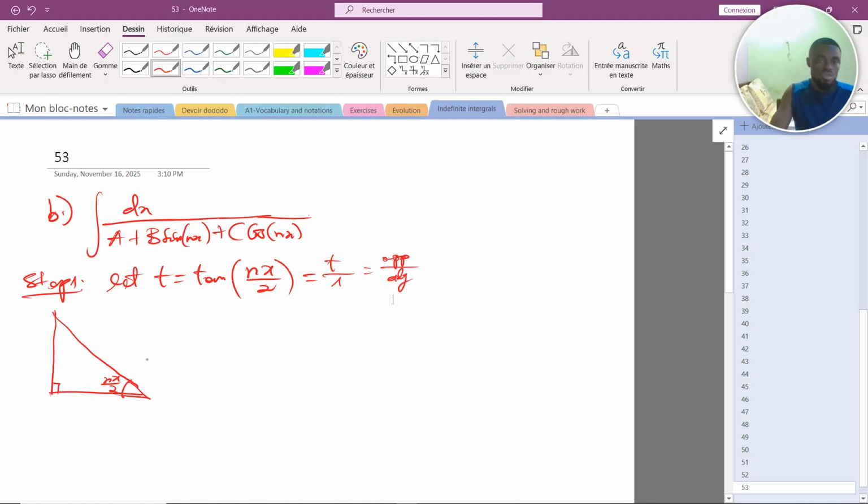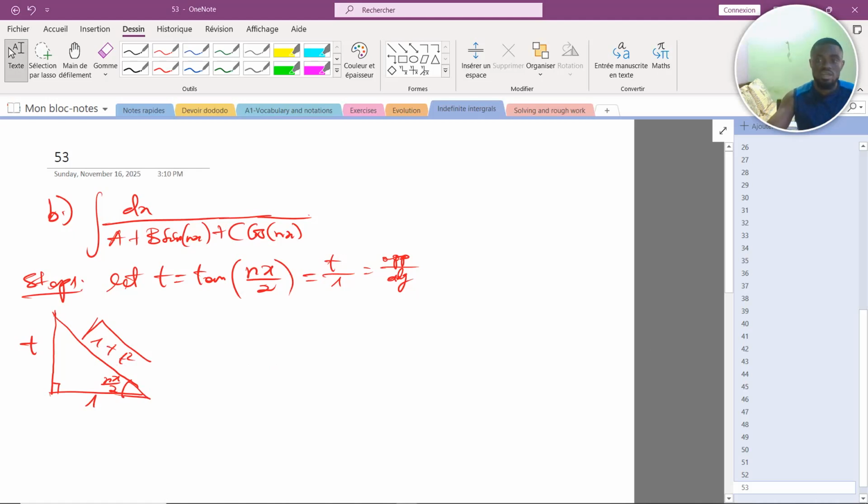Very good. Now, what is the opposite side to this angle? It is this side, so this will be t. And what's the adjacent side to this angle? It is this side, so I'll put 1 here. Naturally, the hypotenuse becomes the square root of 1 plus t squared. Is that okay?